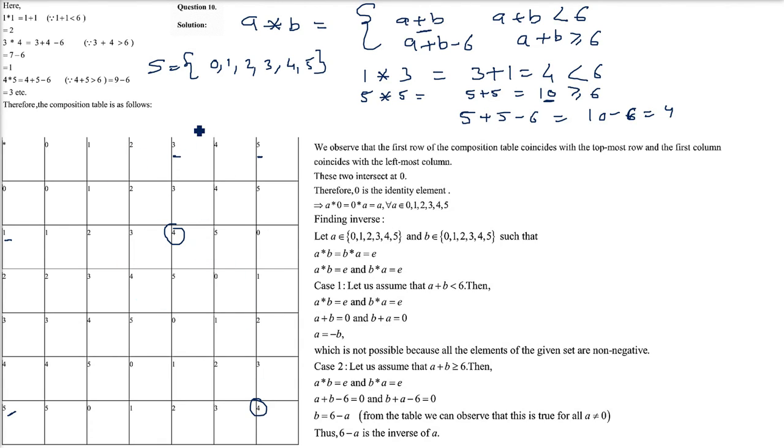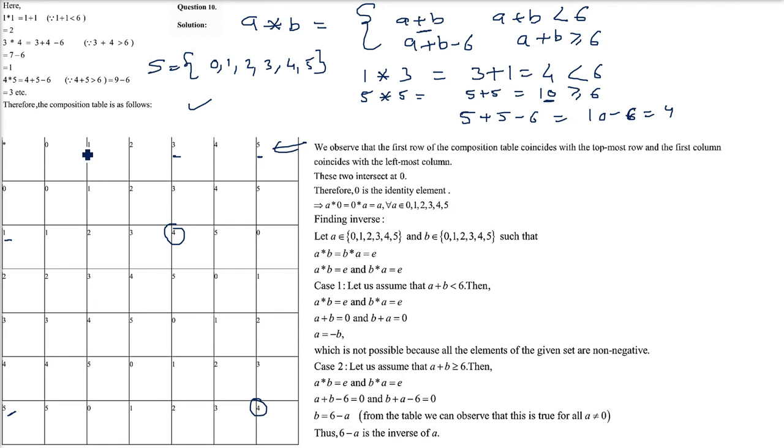Okay. Now let us come back to the actual scenario here. Here we have to find out the identity element, which is of course 0, because addition is going on here, and the inverse. So 6 minus a is the inverse of a that we have to find out. So just see the row and column where the rows are equal and the columns are equal.